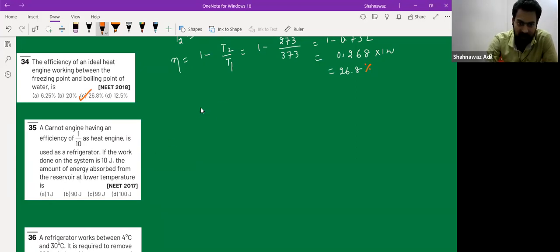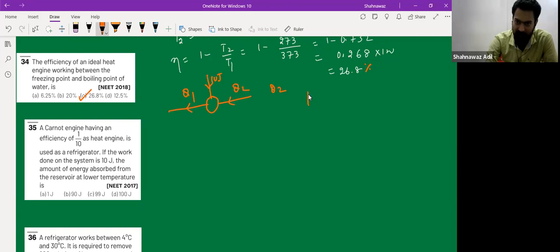So let us recall the diagram of that refrigerator, right? So this was the diagram of that refrigerator. The work done is given as 10 joule, and we have to calculate Q2, right? And what do we know?